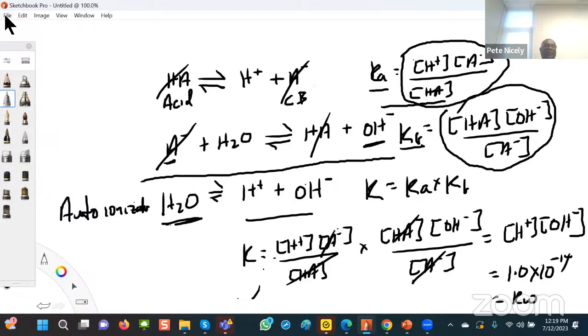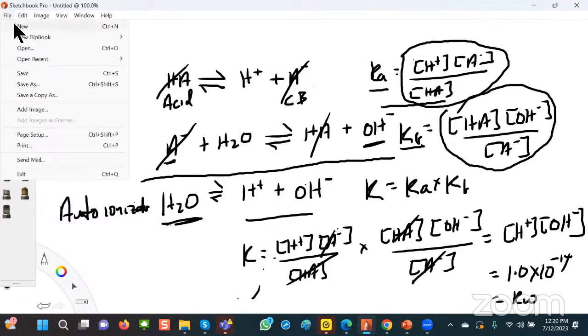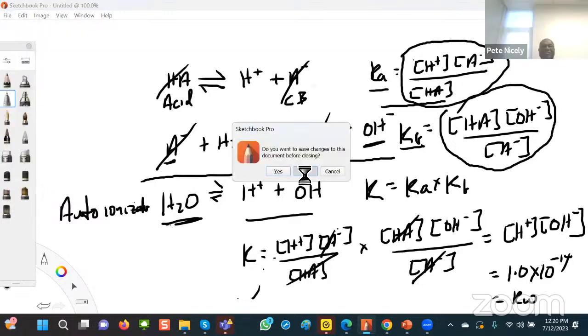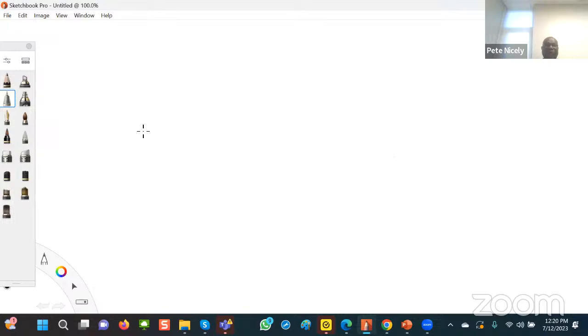Can I erase all of this here? Yes. All right, so let me get rid of this here. So basically, to summarize, what we have just figured out is that the Ka for a weak acid multiplied by the Kb for the conjugate base of that acid is going to be equal to 1.0 times 10 to the minus 14, all right?